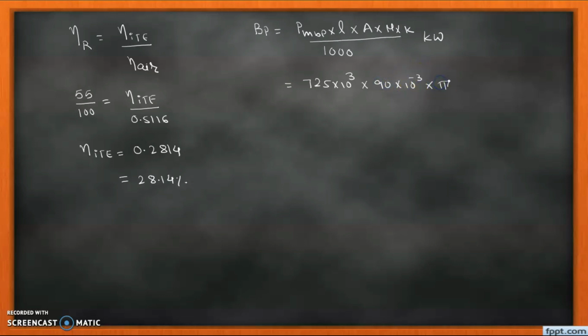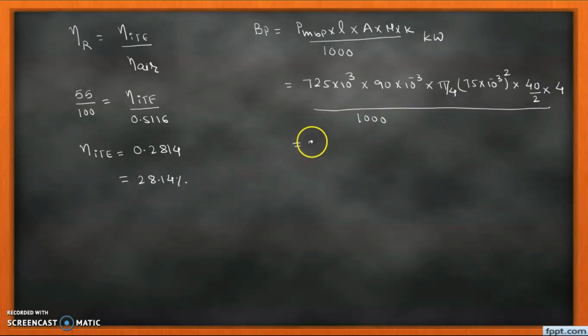The area is pi by 4 into d square, with the diameter 75 into 10 to the power minus 3, whole squared, into the RPS 40 divided by 2, into the number of cylinders 4, whole divided by 1000. Our answer comes to 23.06 kilowatt.